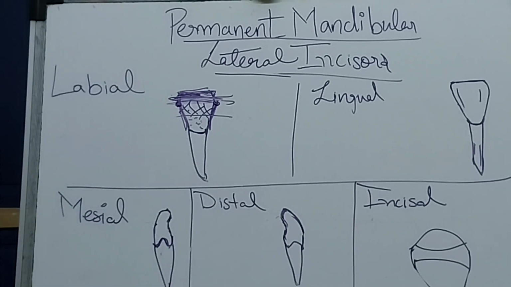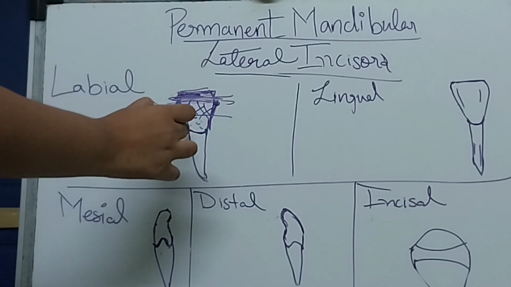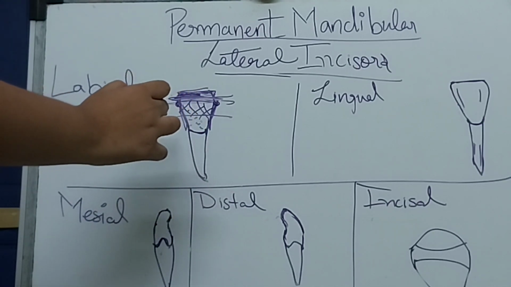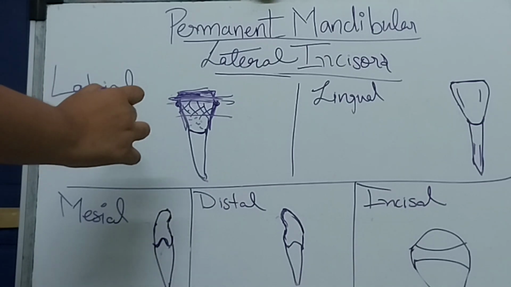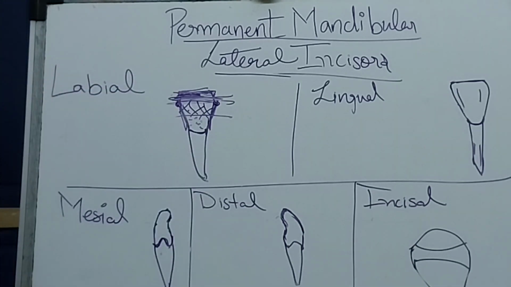Now, the mesial and the distal sides taper evenly from the incisal side over here, from the contact area to the narrow cervix.